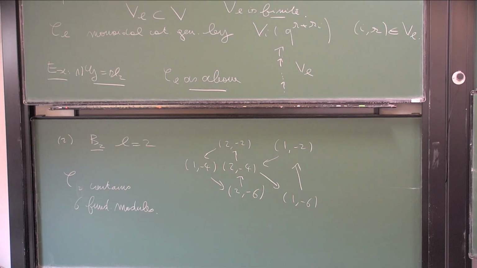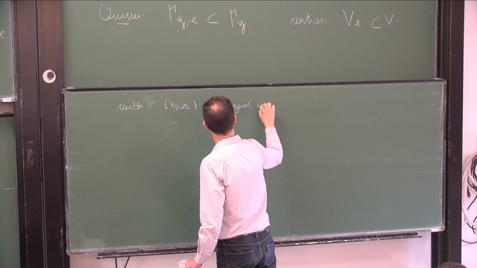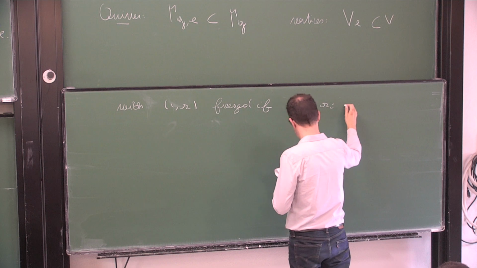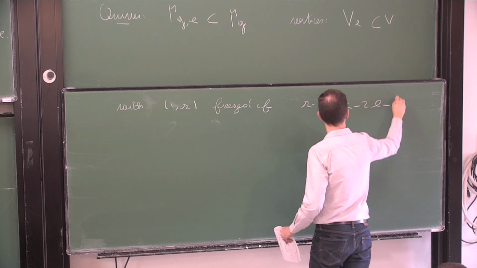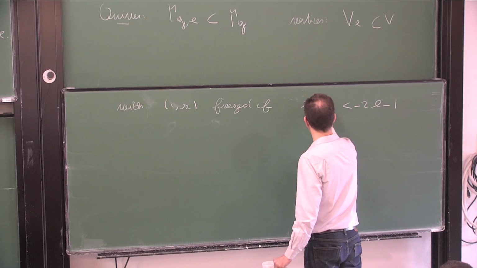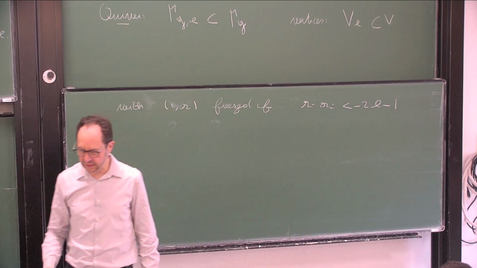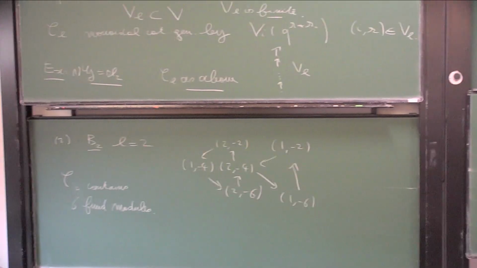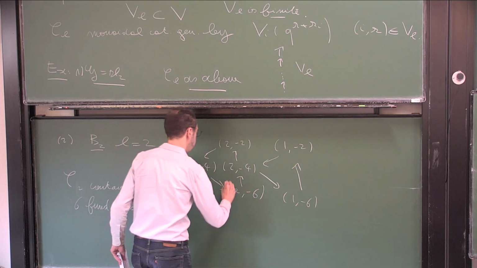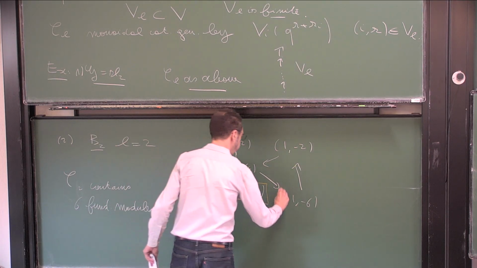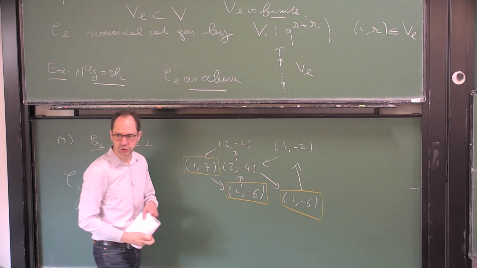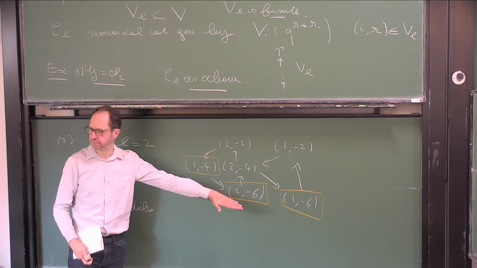Formally, we freeze if the index is strictly lower than L. That's the condition, but you can see on this example how it looks. It means that we will freeze the vertices on each column at the bottom, as we did for SL2.